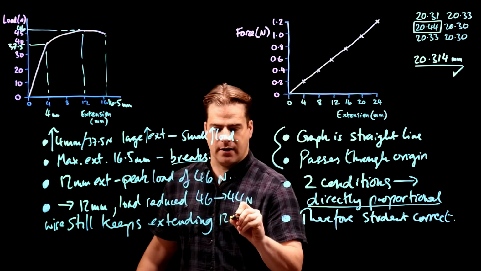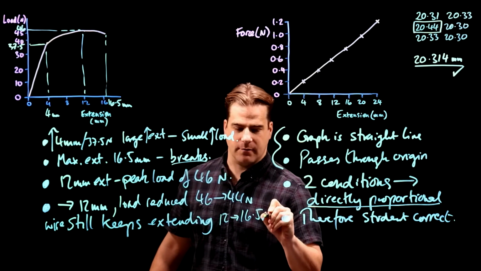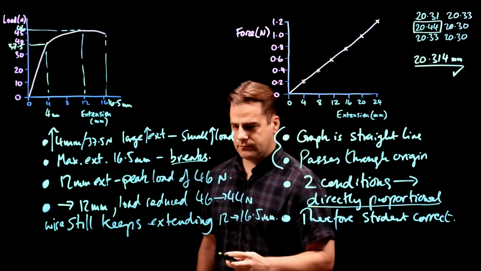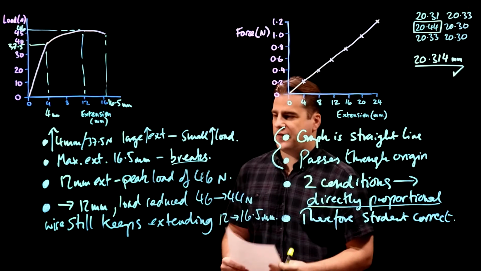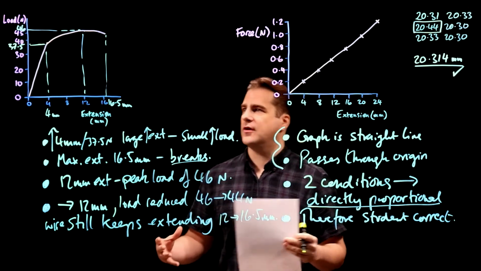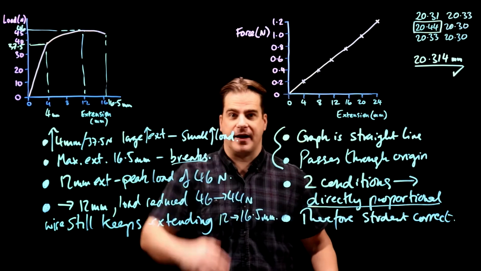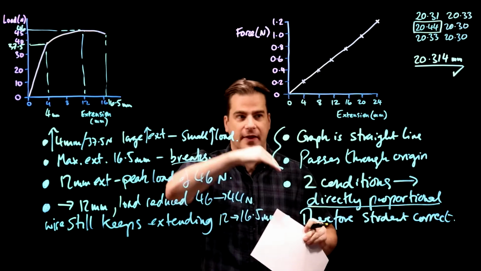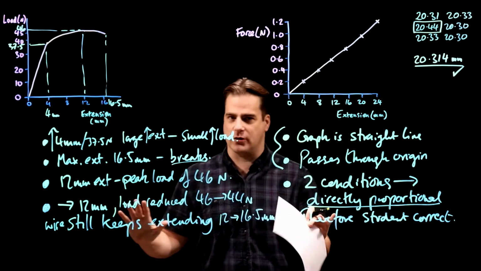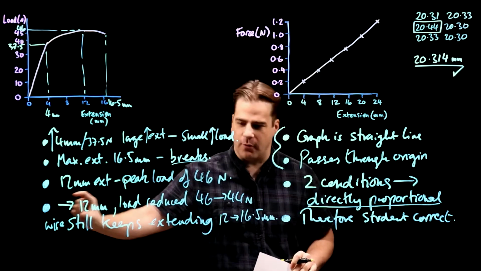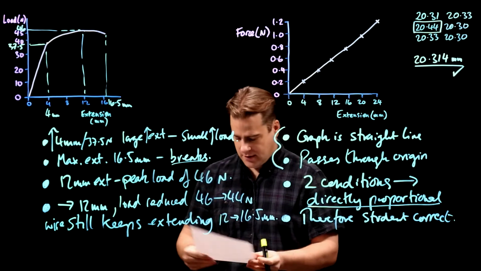Okay, from 12 to 16.5 millimeters. That's a sort of physicsy sensible way of saying it goes up and then down again. Don't write it goes up and then down again, right? That's not good. Do it in a boring, sensible way like that.